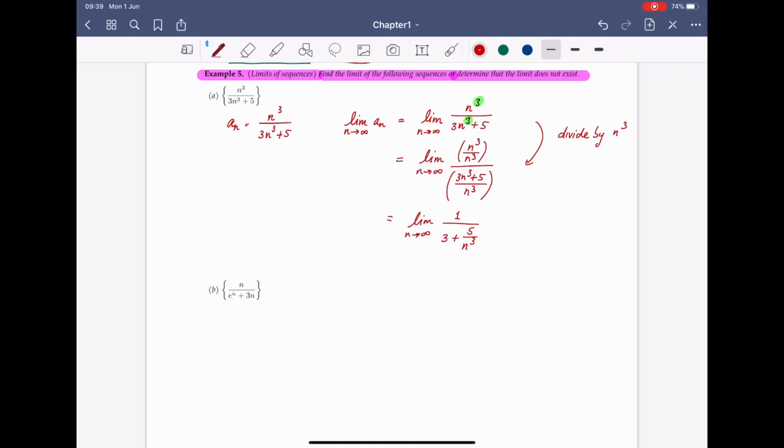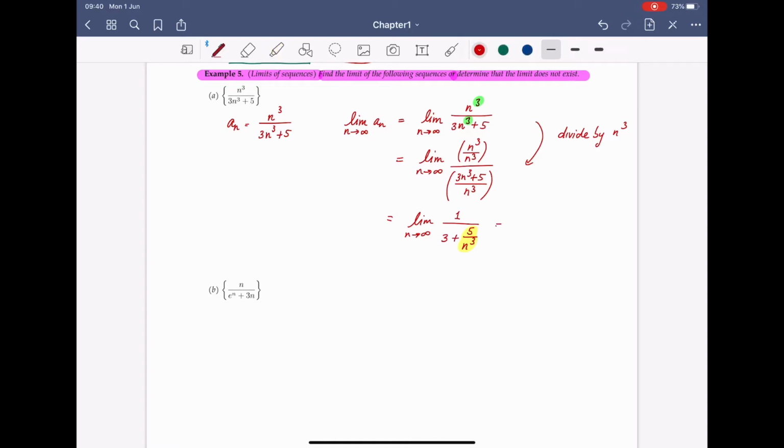Then you can see that this term that I highlighted in yellow goes to 0, because you have 1 over n cubed. We told you on the previous slide that if you see the limit of 1 over n to the r, this goes to 0. The bottom term is heavy, so this goes to 0.